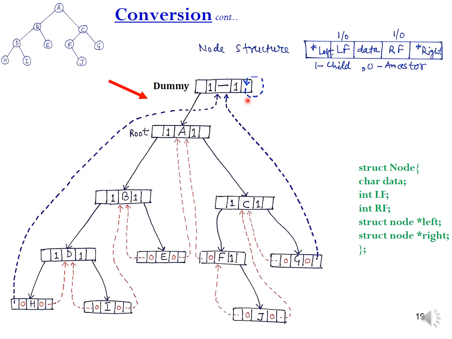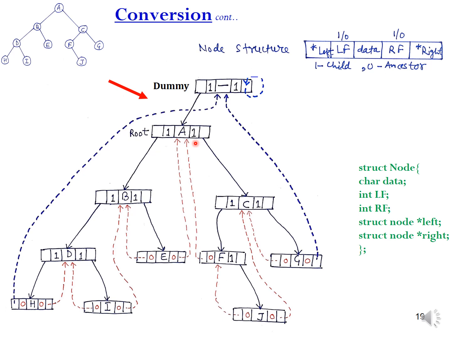Now we'll see here, because this is the root node, this is A. So this is a simple conversion from this binary tree to a threaded binary tree. In this we now have 5 fields. So this is node A, and on the left hand side, this is 1. It means it will have a left child. This is node B, and on the right hand side, this right flag is 1.